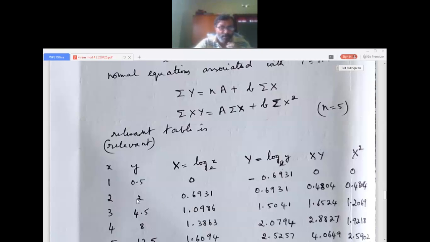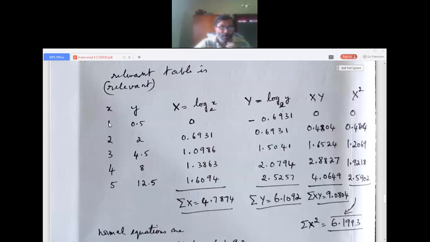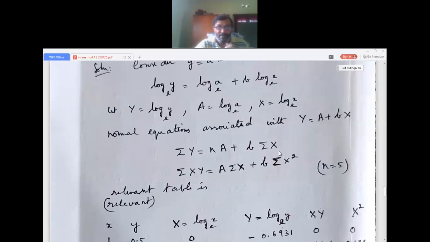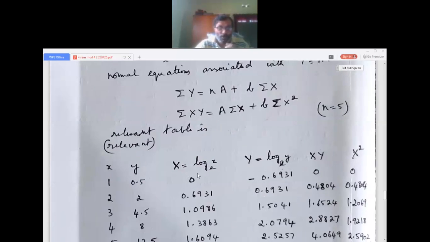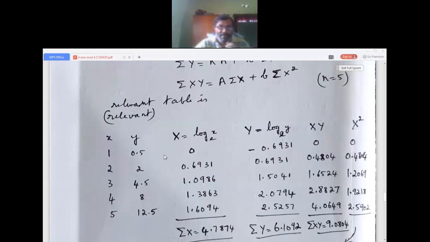Scientific calculator. The values are given: x is 1, 2, 3, 4, 5, and y is 0.5, 2, 4.5, 8, 12.5. First you have to find capital X, which is log x base e. In the calculator, log base e is taken as ln. So ln of 1 you will get 0.